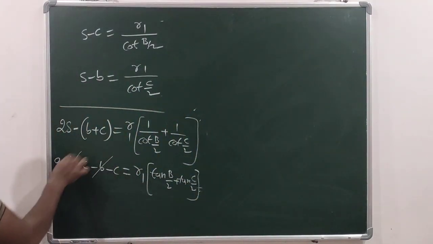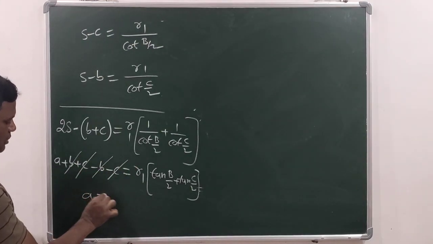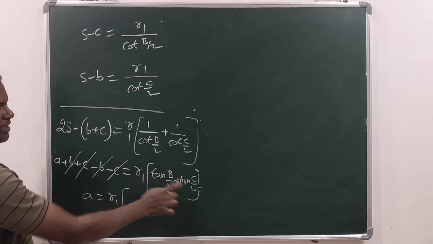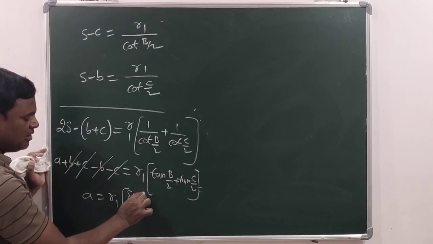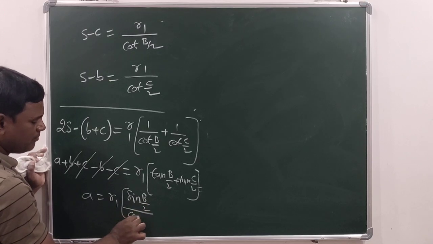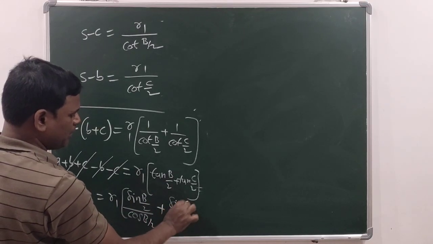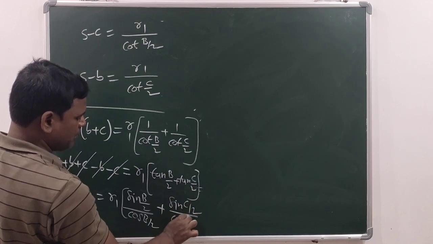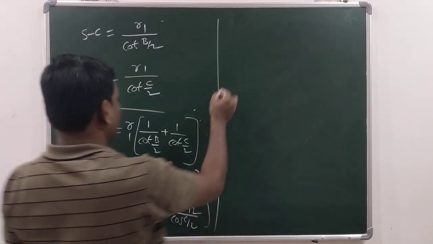So here minus B plus B cancel, minus C plus C cancel. Now small a is equal to R1 into, express these two in sin and cos. Tan B by 2 can be written sin B by 2 by cos B by 2. Here sin C by 2 by cos C by 2. Now take cross multiplication, so that what do you get?